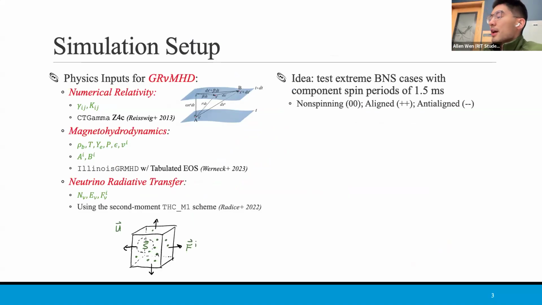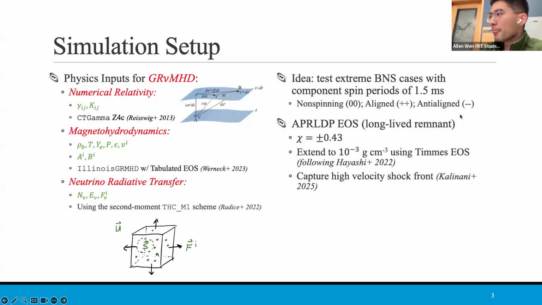We wanted to test how introducing spinning components into our BNS system changes that general picture that I shared on the previous slide. So we wanted an extreme case that we derived from the fastest observed millisecond pulsar, and we'll simulate three cases: one without spins, one with the spins aligned with the orbital angular momentum that I'll refer to as the plus plus case, and one with spins anti-aligned that I'll refer to as the minus minus case.